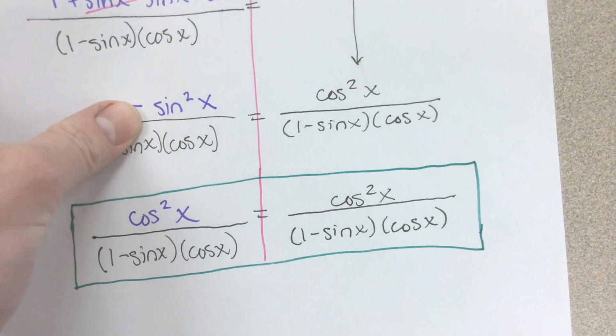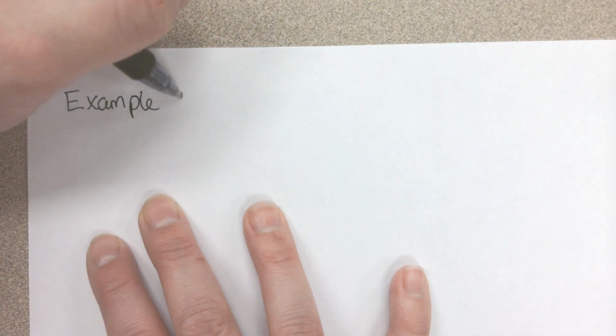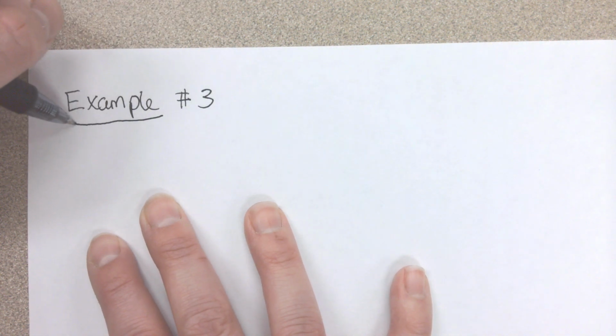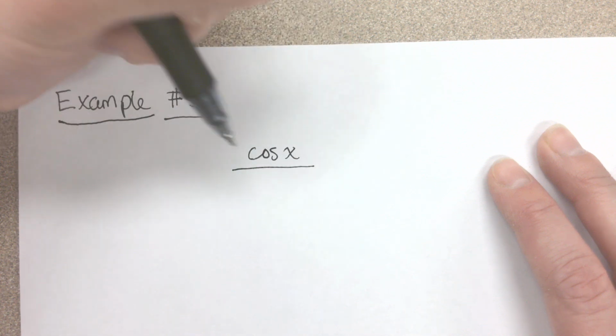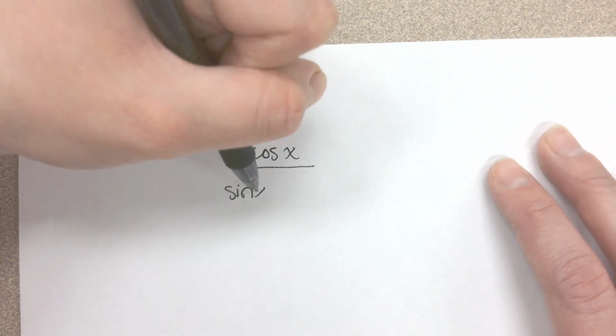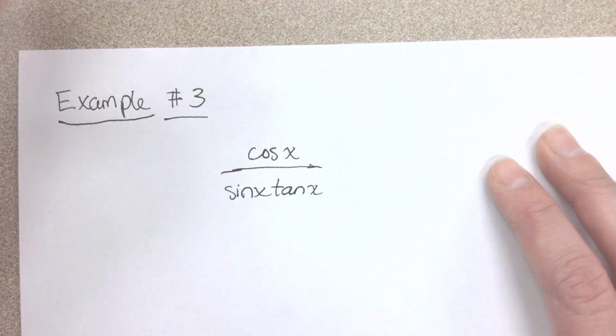Example 3. You'll like this one, it's shorter. We have cosine of x over sine of x tangent of x. Nope.